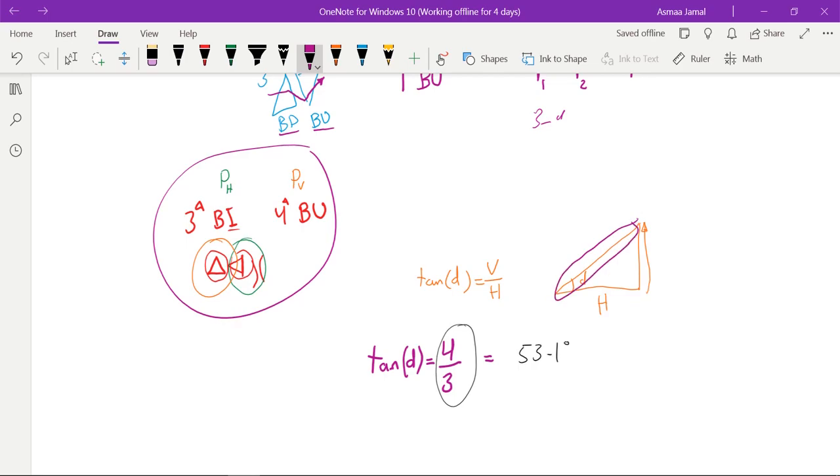And then we can use Pythagoras' law when we want to find this. Let's call it the total power of prism. The total prismatic power here equals the square root of the horizontal squared, so the power of the horizontal prism squared plus the power of the vertical prism squared. So 3 squared plus 4 squared under the root, the result will be 5.